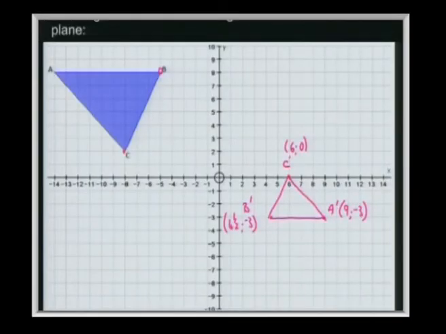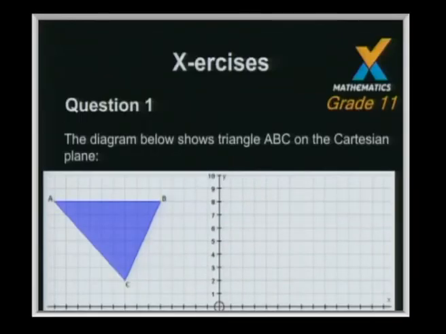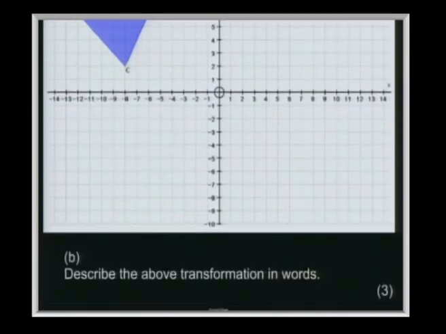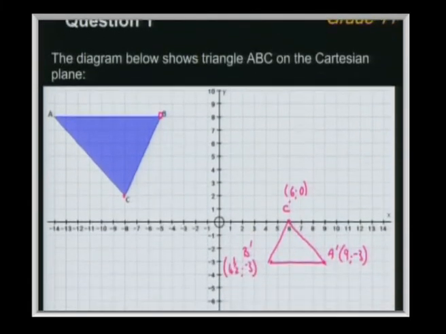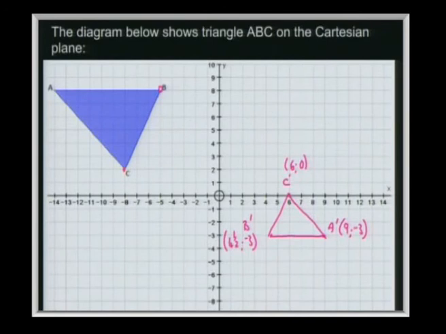Let's carry on with the questions. Part B tells us to describe the above transformation in words. Let's go back to our diagram and see if we can work that out. Well, what's actually happened? Yes, it has got smaller.